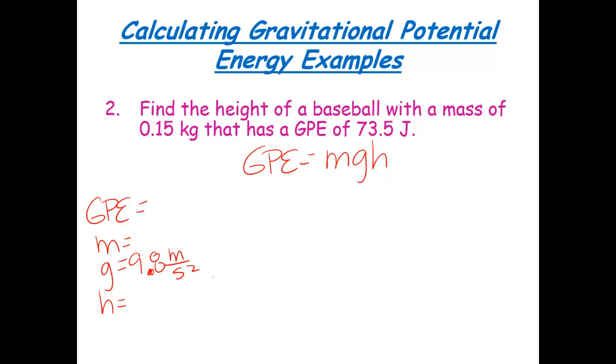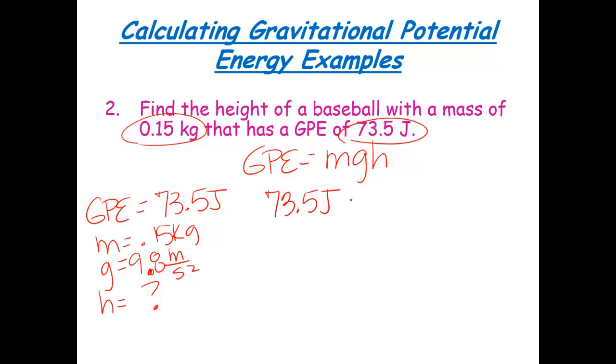Okay, so we have a mass of 0.15 kilograms and the GPE is 73.5 joules. So we're wanting to find the height. So 73.5 joules equals 0.15 times 9.8 times h, because I don't know that.